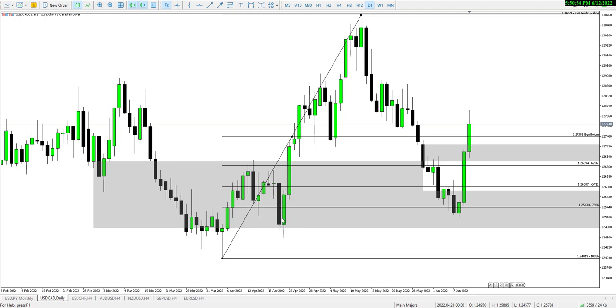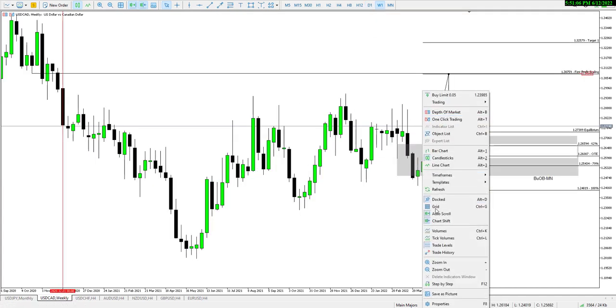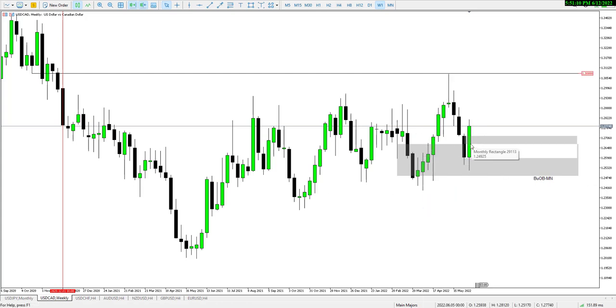There's our last down close candle before the first move to the upside. That makes it a bullish order block. Last down close candle, boom, market moves to the upside. So I'm going back to the weekly chart because we're still working on this one. That's our weekly discount, and you can see our target.